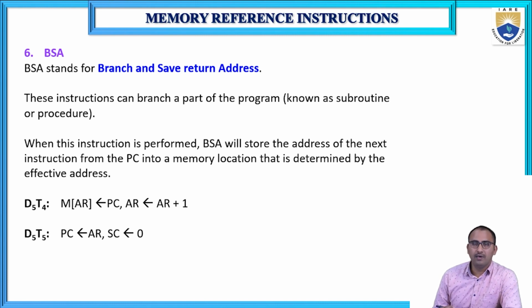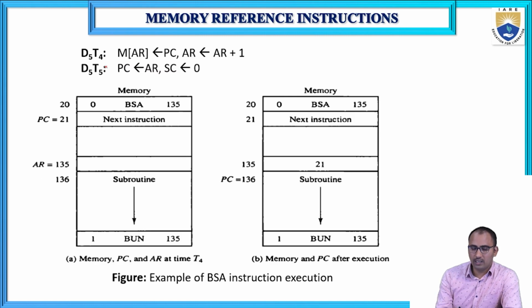So whenever the program control is transferring from the main program to the subroutine, we are storing the address of the next instruction of the main program. For that purpose we are using branch and save return address. So see here, during T4 the operation takes place: the program counter address will be stored to M of AR, into the memory.